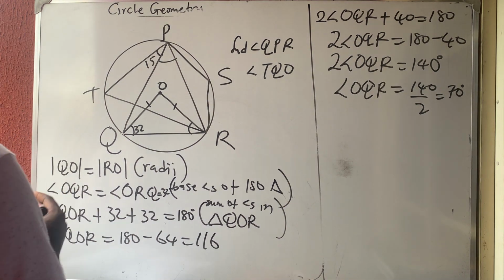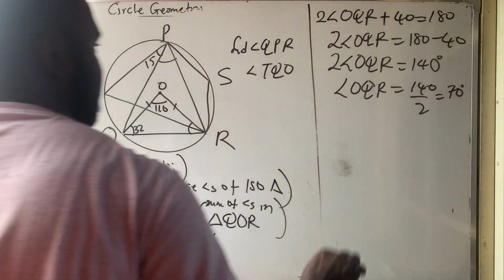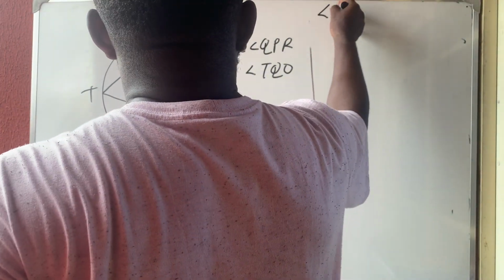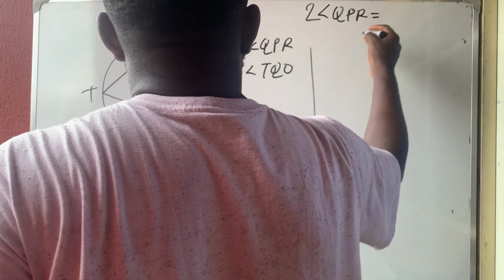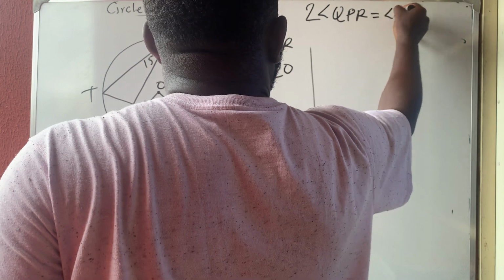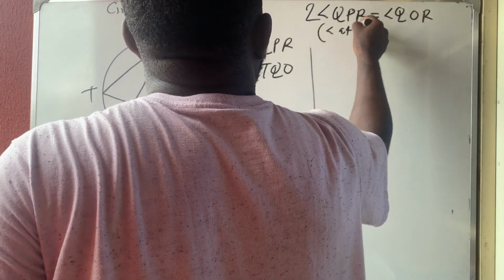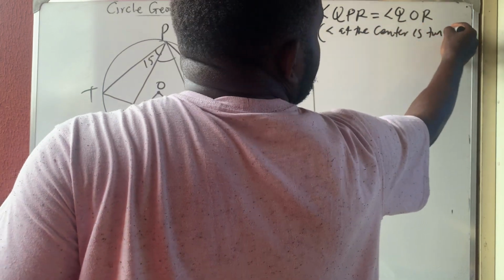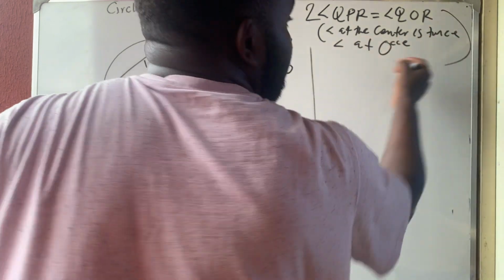Okay, so if I've gotten here to be 116, to get the angle at the circumference is very, very simple. So we'll now tell them that 2 angle QPR is equal to angle QOR. What is my reason? Angle at the center is twice angle at the circumference.